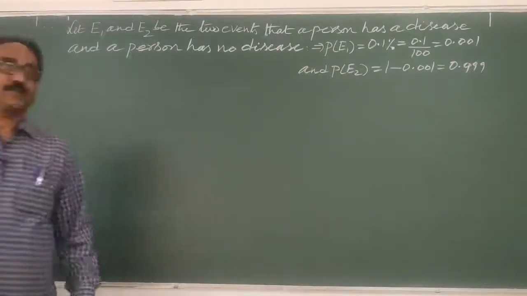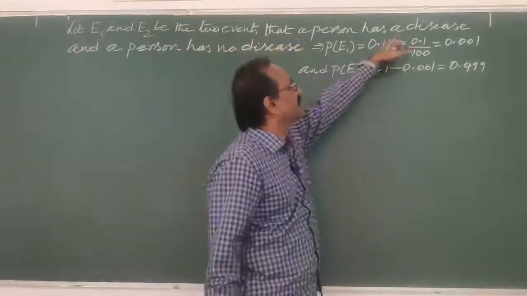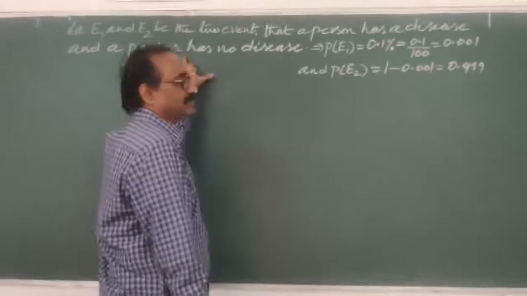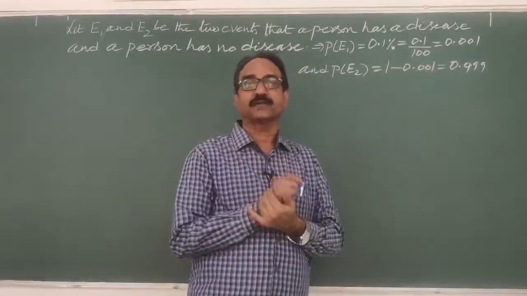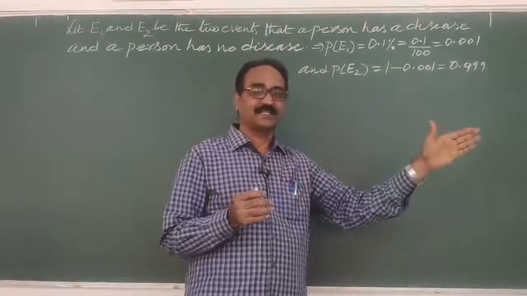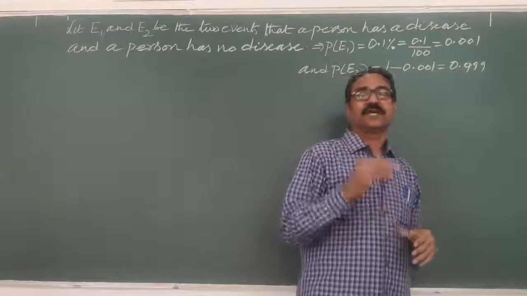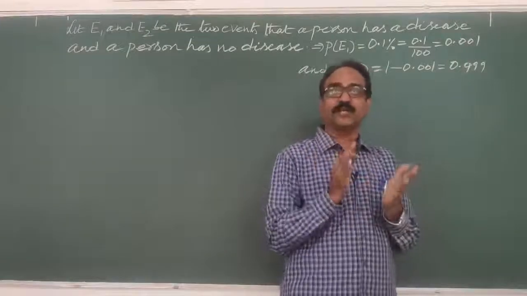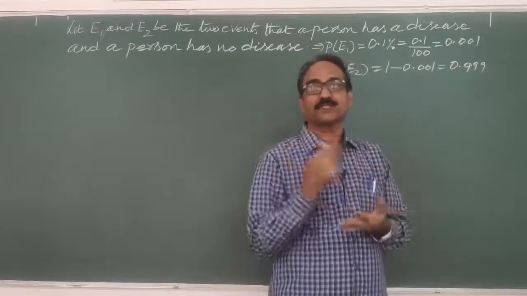See now, I'll tell you. E1 and E2 are the events that a person has a disease and has no disease. Do they have anything common? Having disease is different, having no disease is different. They are mutually exclusive, disjoint events. There are only two events in the sample space, so if you add those two, the entire sample space will come.